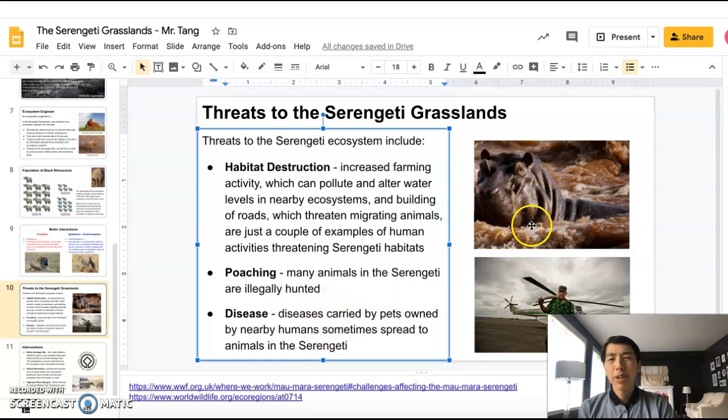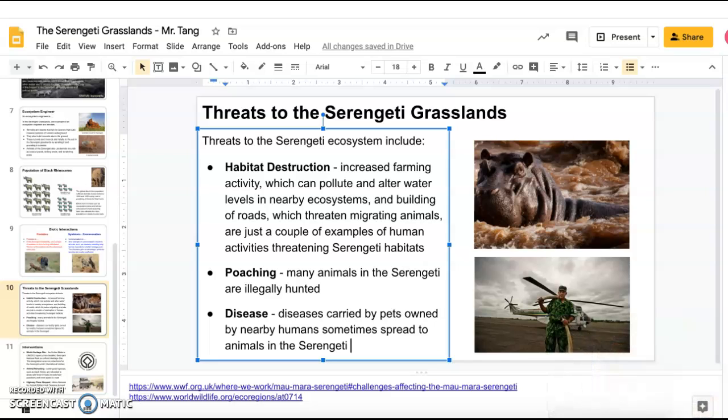I found 2 pictures. You only need 1, but your pictures have to be relevant to something that you talked about. So this picture with a hippo in the water, because I talked about the pollution and I talked about water levels being affected. There's the picture of the hippo in the kind of polluted water there.